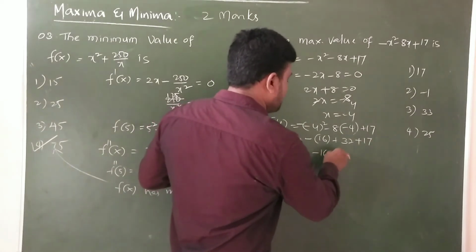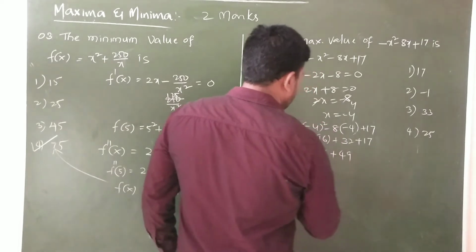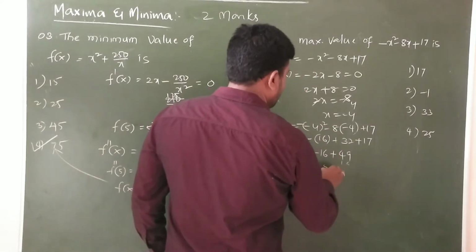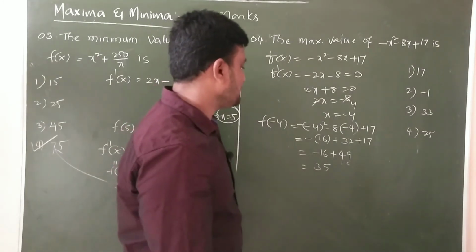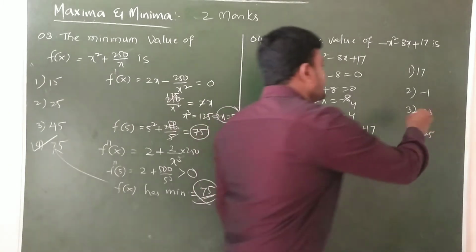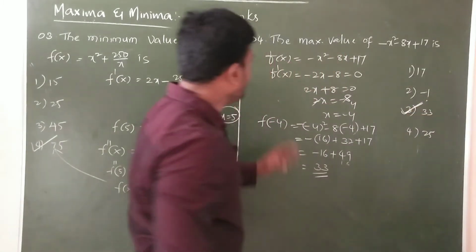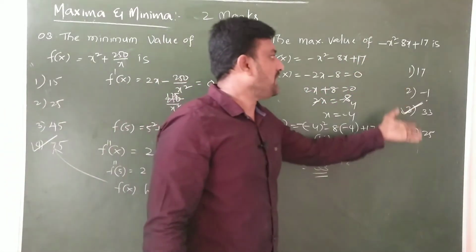Minus 16 plus 49 gives 33, sorry, 35 is our right option. No need to check whether it is a maximum or minimum, yes or no? Because we have values only.